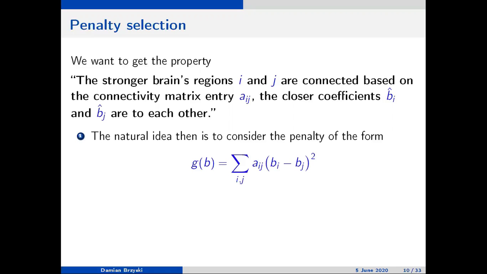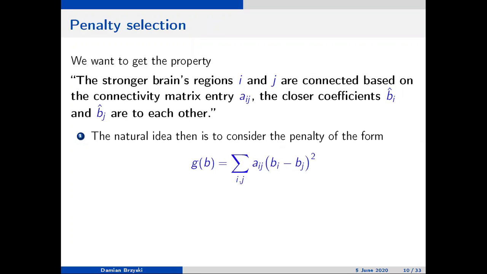To do so, one approach is to penalize the differences between coefficients and use the weights coming from the adjacency matrix to tell how much those differences should be penalized for each pair.